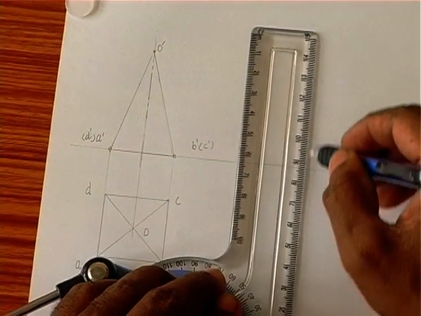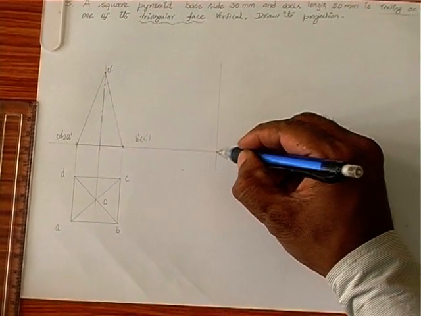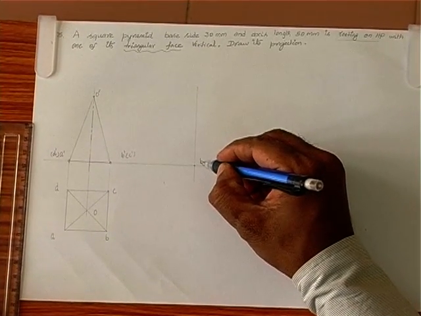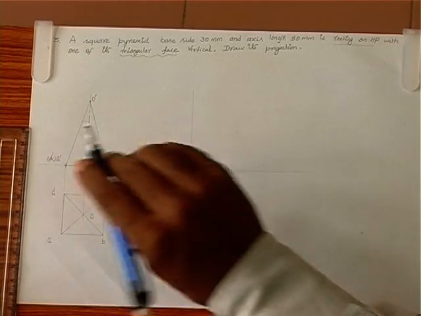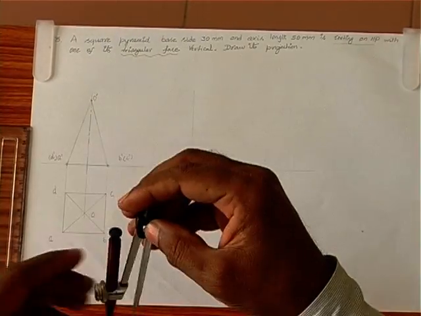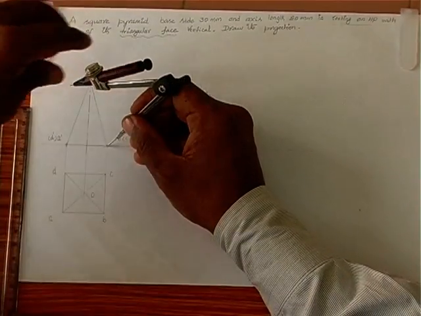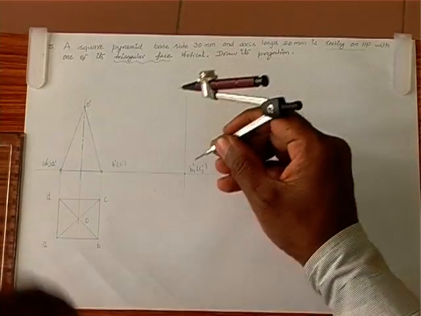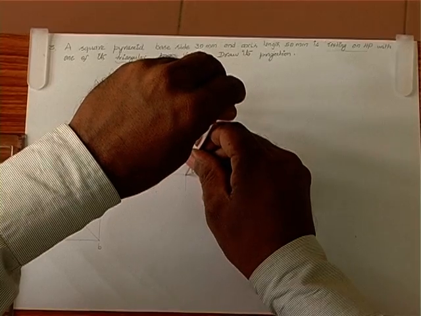triangular faces vertical. Let's take O dash B dash C dash as the triangular face. We make the point B1 dash, then C1 dash. Now we can reproduce the same isosceles triangle in such a way that one triangular face is strictly vertical.